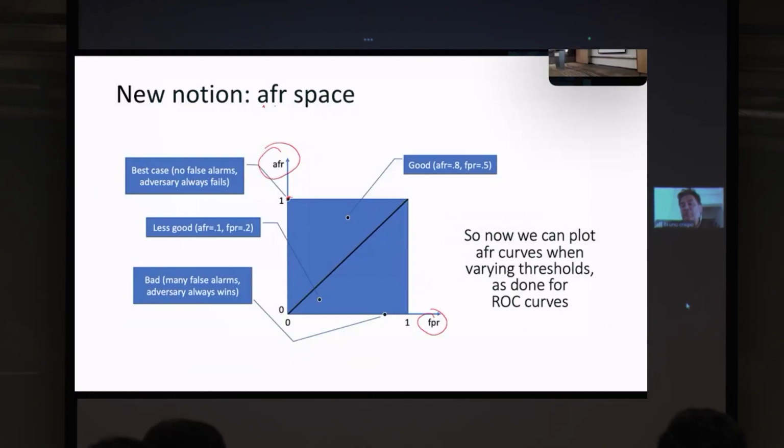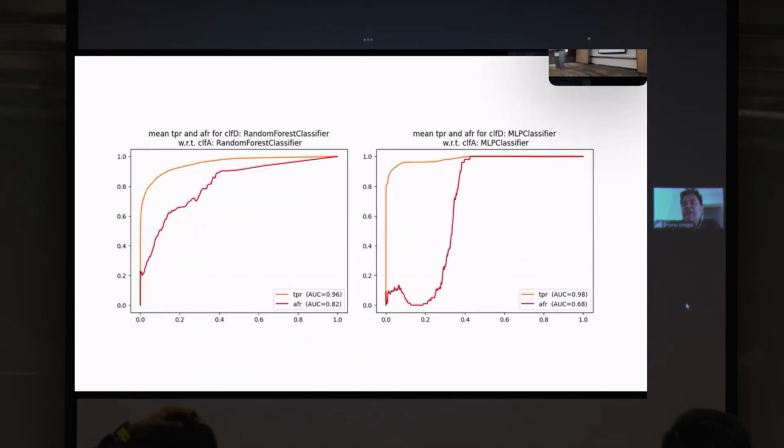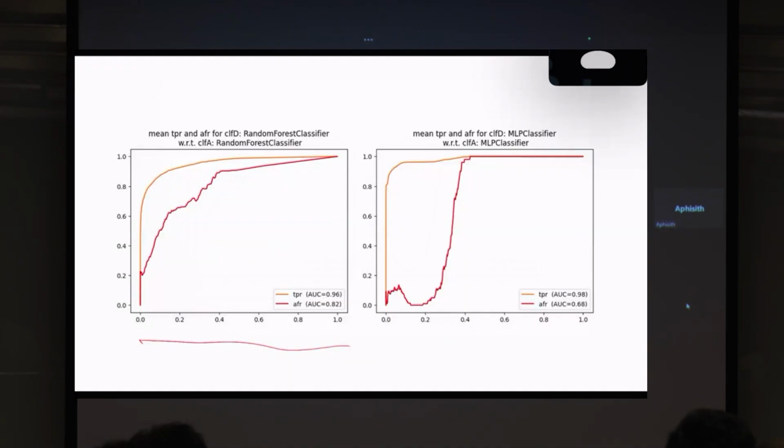So also here, varying the threshold, you can see how the adversarial failure rate changes, and the bigger the adversarial failure rate, the better the defense against evasion attack. So you can have curves like that. Here in this diagram you can see the traditional ROC curve, the true positive rate over the false positive rate, the orange one.